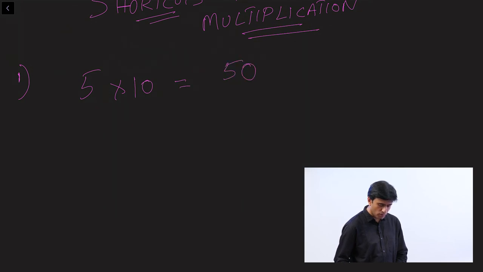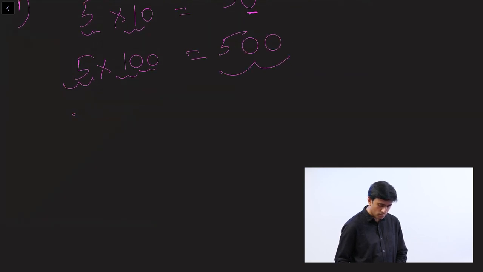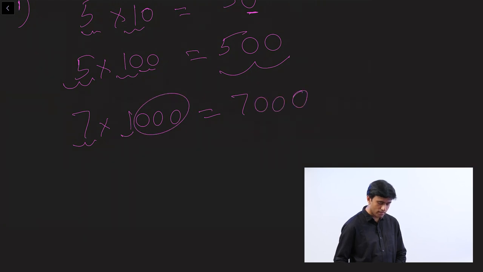You just have to do 5 into 1 and add 0. How about 5 into 100? You just have to do 5 into 1 is 5 and write the remaining 2 zeros, 500. Try this. 7 into 1000. You do 7 into 1 is 7 and put the 3 zeros, 7000. Easy, right?